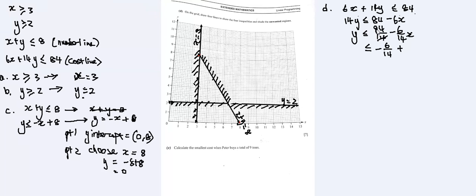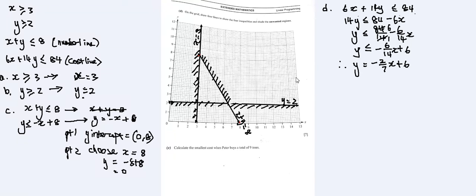So this cancels, 1 is 6. Therefore, the line that you have to draw is y equal to minus, simplify, 2 over 7 x plus 6.